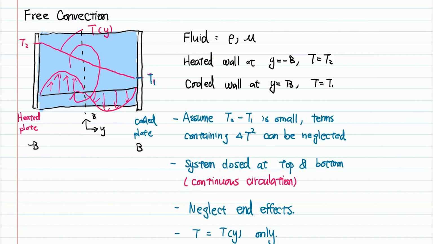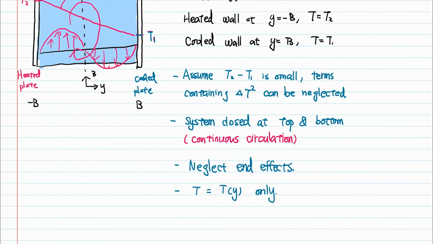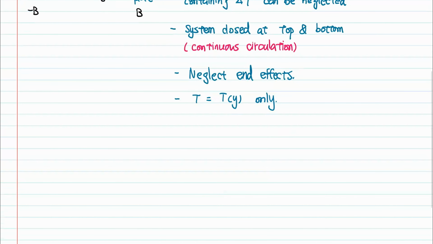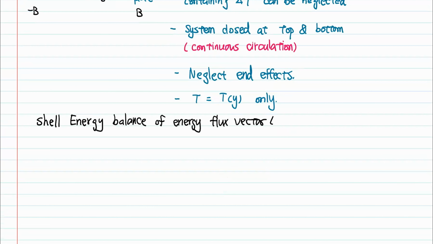The energy should be flowing in the y direction. So let's start with that. We have to perform a shell energy balance of the energy flux vector, and that's happening in the y direction only, so we need a slab of delta y thickness.